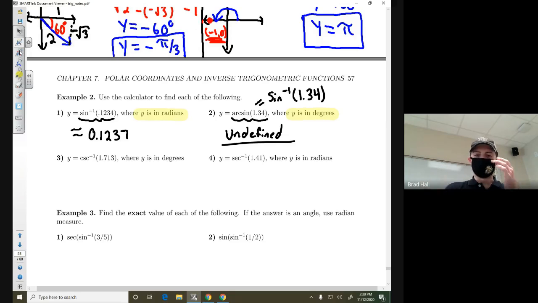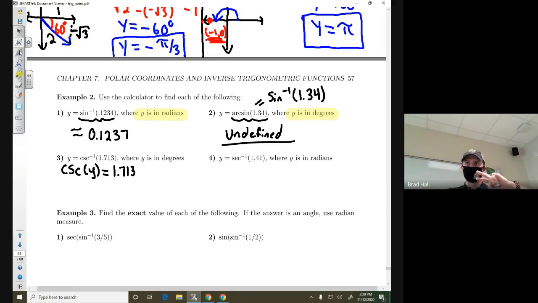So if you find yourself in this situation, we have to undo the inverse, which means we have to bring the cosecant to the other side without the inverse. That's what it means to undo it. So we get cosecant of y is equal to 1.713.